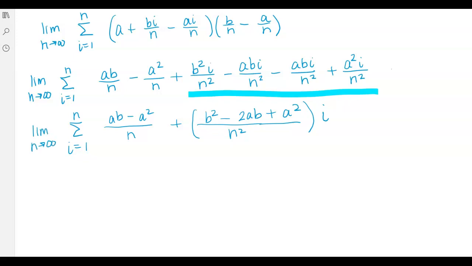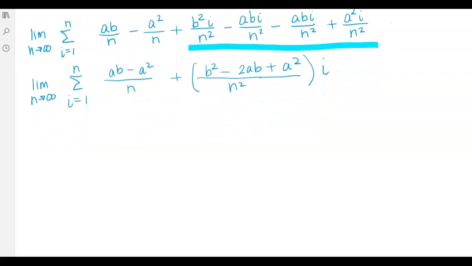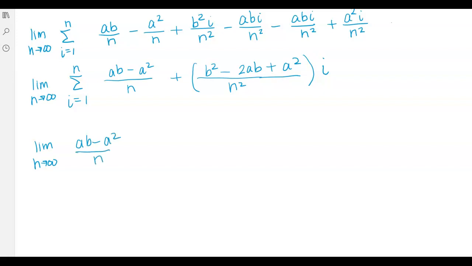Okay, so let's split this up into two separate terms now. We'll have the limit as n approaches infinity. The first one, the ab minus a squared over n, can all come out to the front because that first term doesn't have any i's in it.